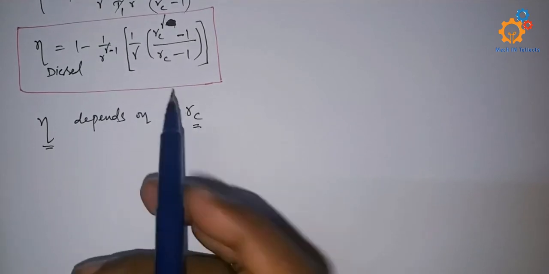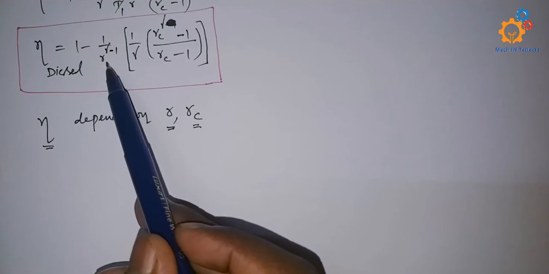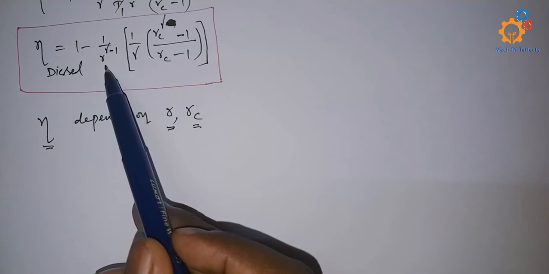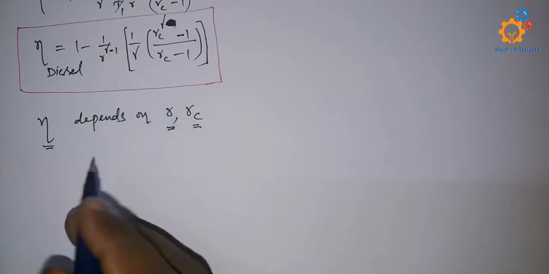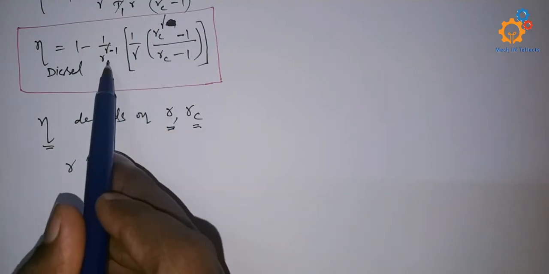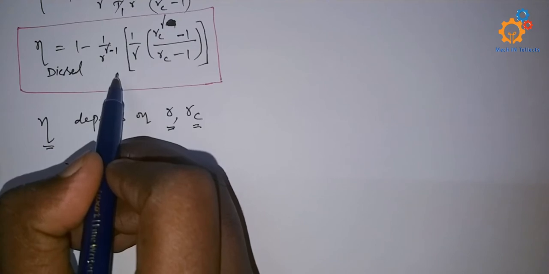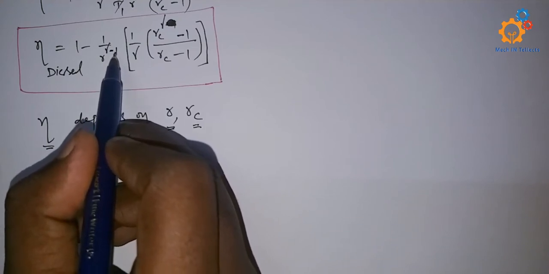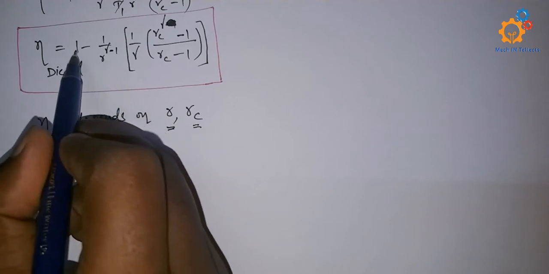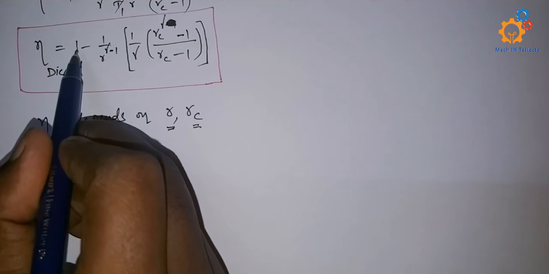What happens if compression ratio is increased? We know that compression ratio is in the denominator. If you increase this compression ratio, its reciprocal value decreases. Alright? When you subtract a smaller value from 1, you will get a bigger value.